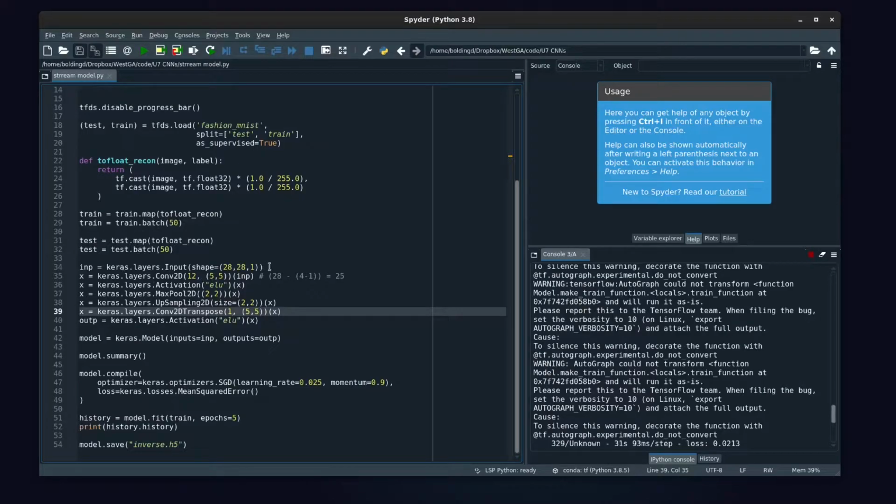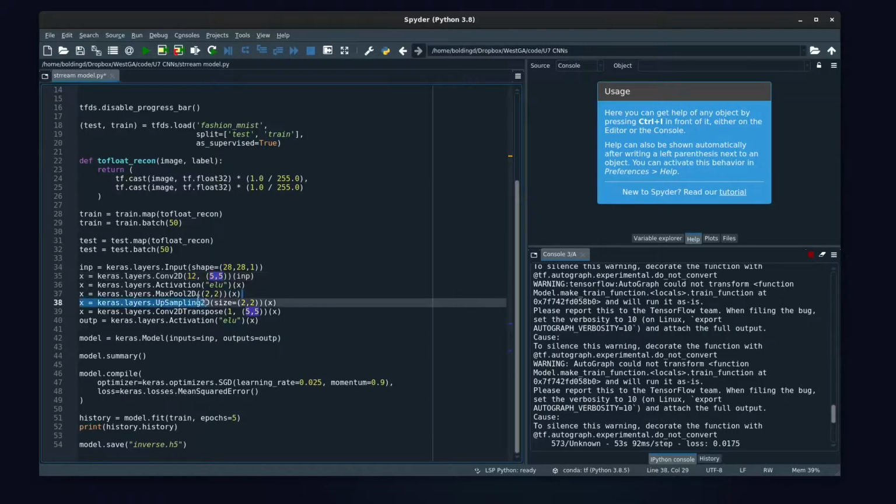So here I've got my 28 by 28 by 1 input. I've got my convolution layer. I've got my ELU activation. Notice that I, for no intelligent reason, decided to have 12 filters, right? 12 feature maps, 12 filters, 12 image planes. And each one of those filters was going to be 5 by 5.